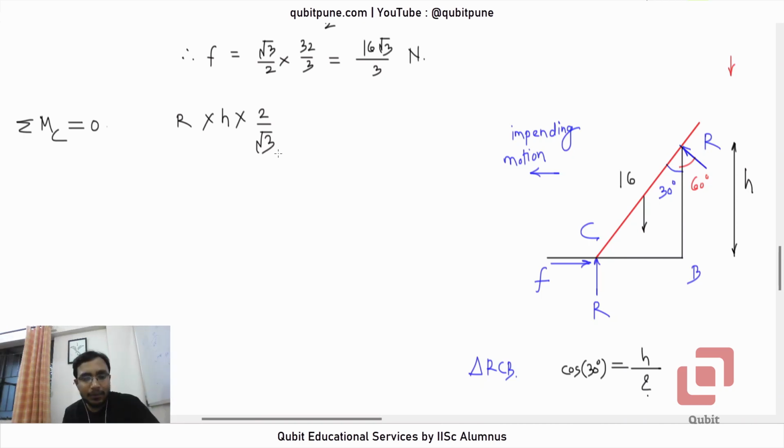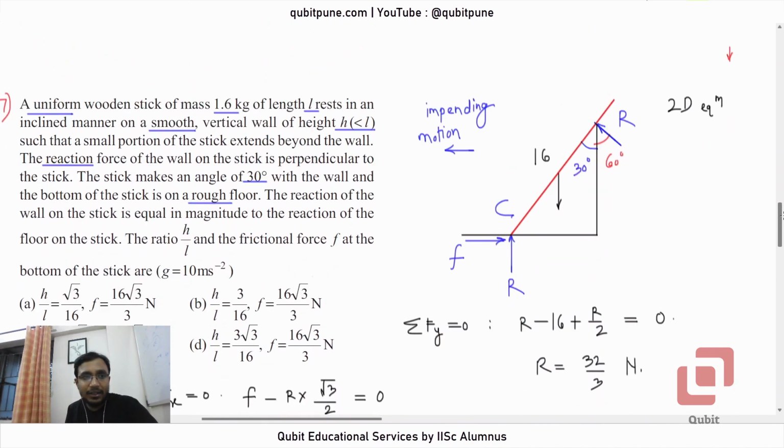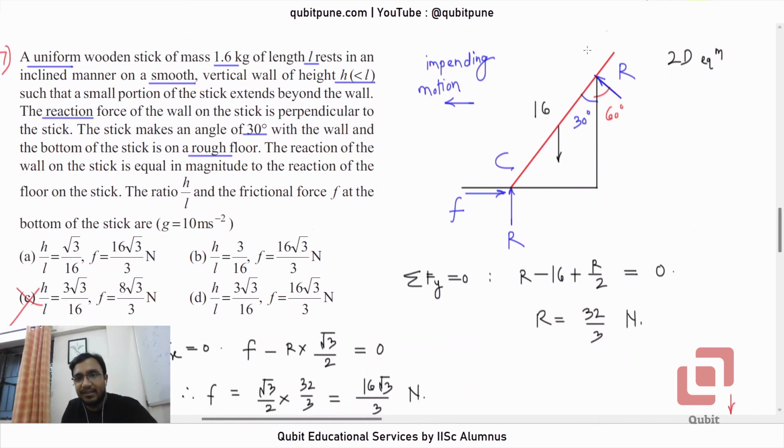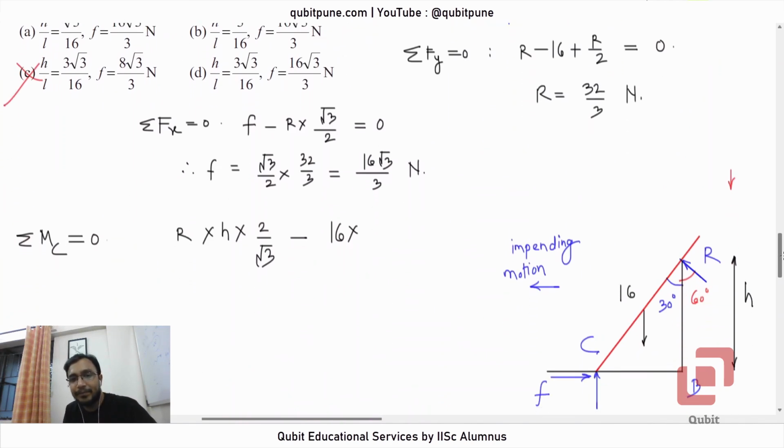Clear. Now, the other thing that is going to contribute to the moment is the weight of the stick, and it is clockwise. So we need to consider negative because we are considering anti-clockwise positive. 16 into what? 16 into this perpendicular distance. Now this time bring in length of the ladder into play and use the word uniform. Uniform means weight is distributed equally everywhere.